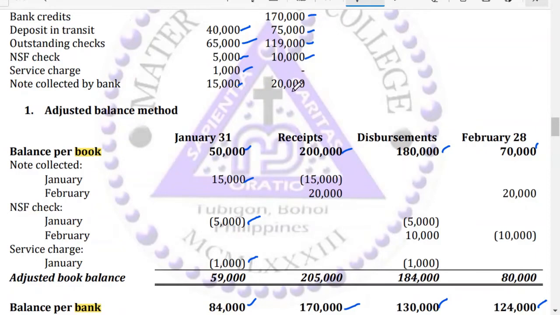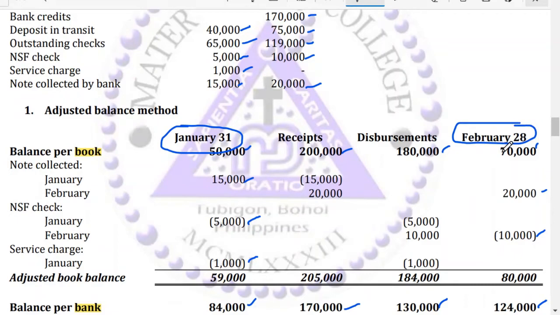Which column does this belong to? It's disbursement, February, so you have a deduction. And you have note collected by the bank. That is an addition. So you do first the column for the beginning of the month and the column for the end of the month.